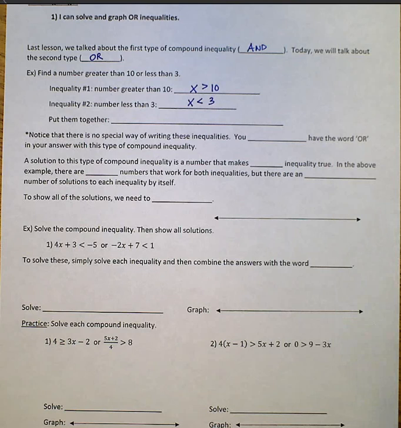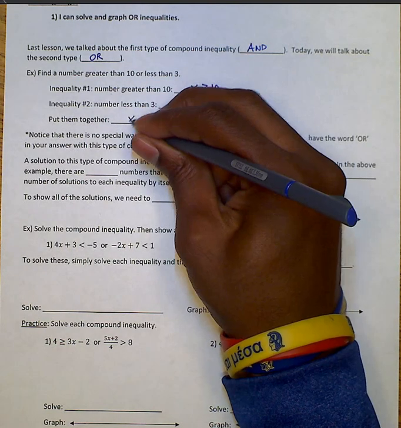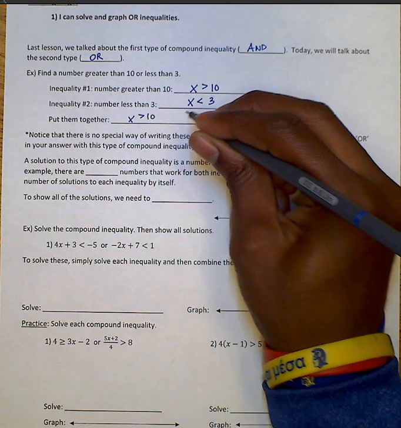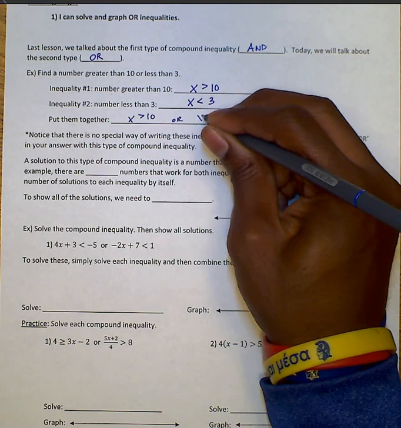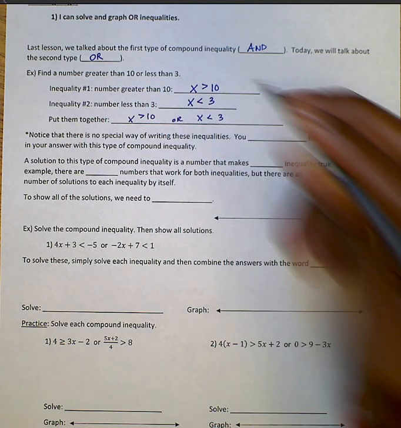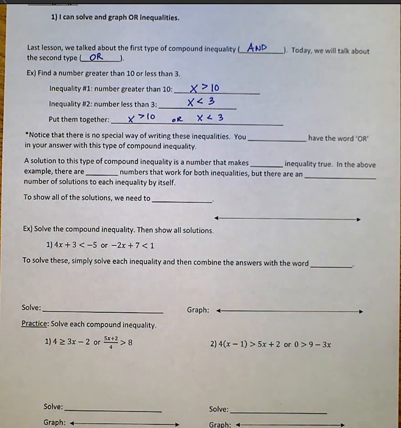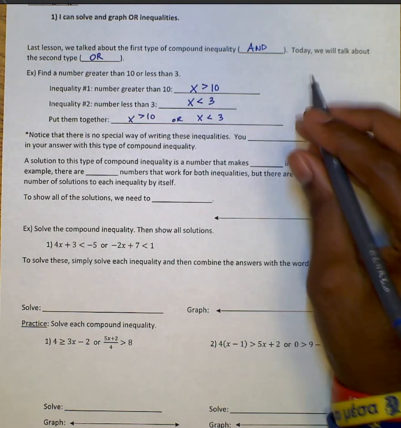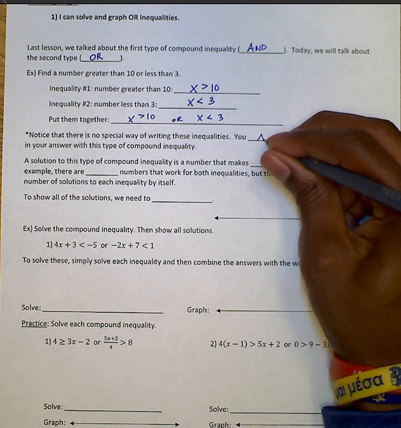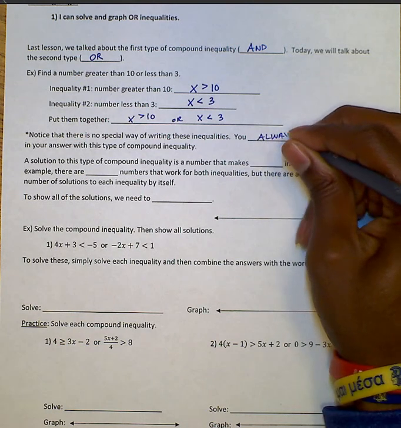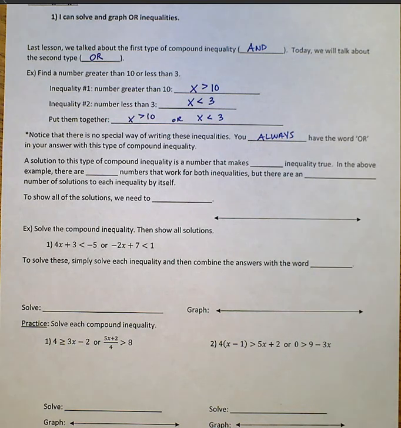So we put them together: x is greater than 10 or x is less than 3. Notice that there's no special way of writing these inequalities. You always have the word "or" in your answer with OR compound inequalities.